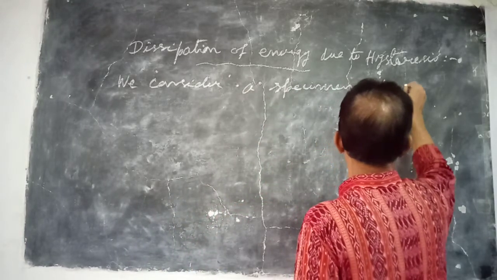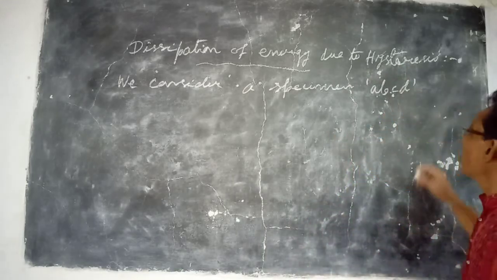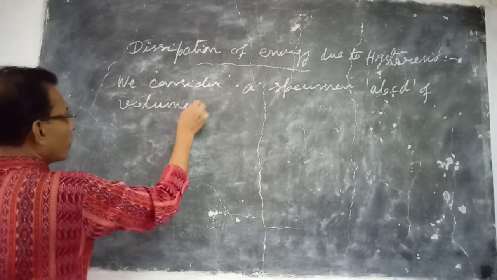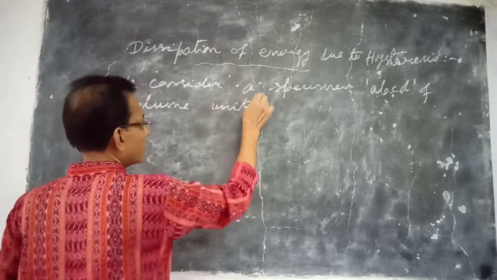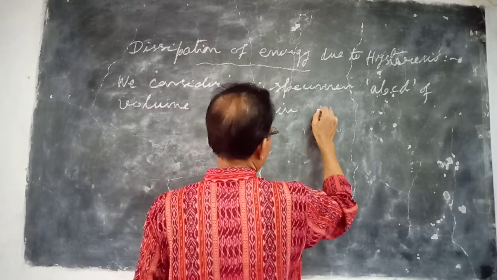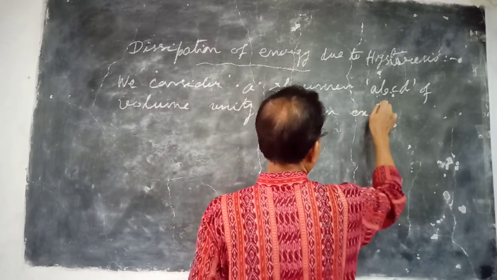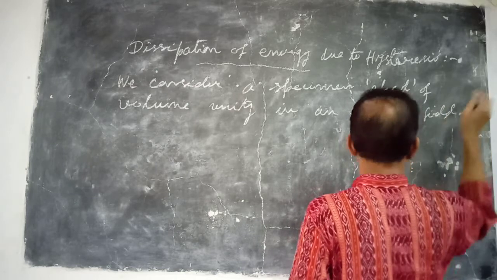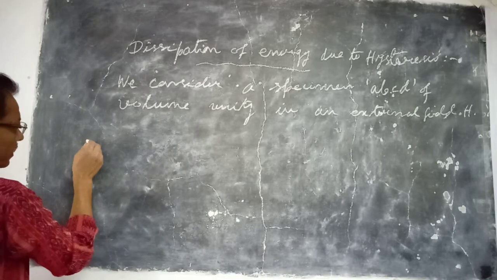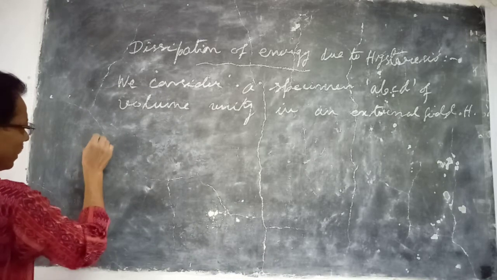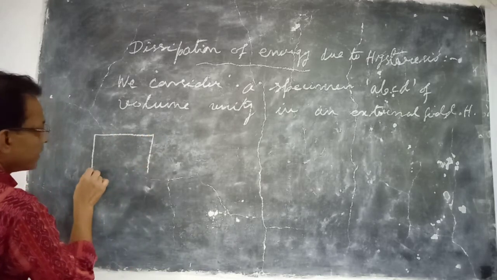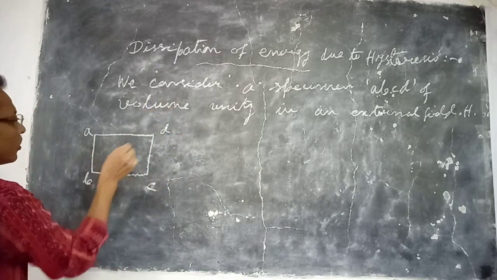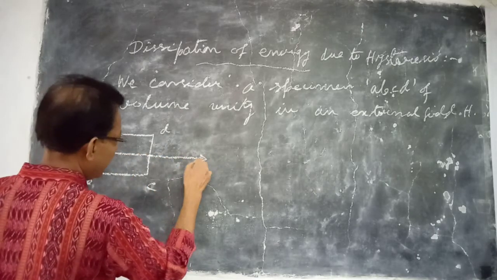A, B, C, D. This is a specimen of iron of volume unity, in an external field H. Suppose this is a piece of iron ABCD whose volume is unity and it is placed in an external field H.